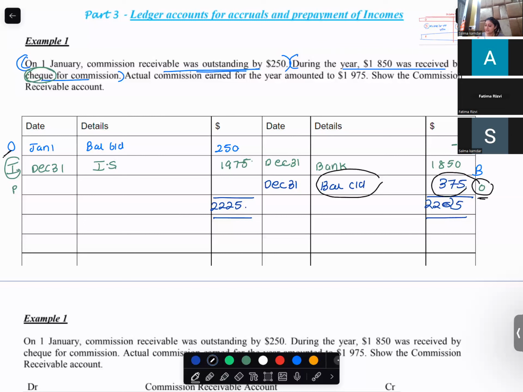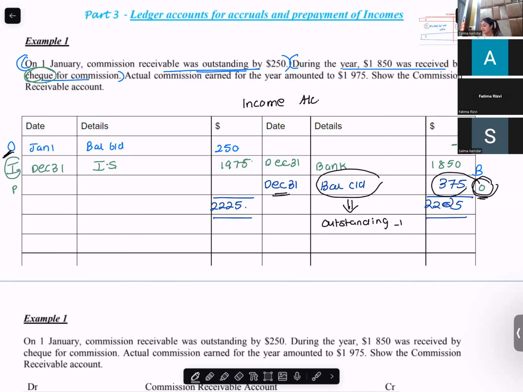OPOP IB: outstanding on the first date, prepaid on the first date, outstanding on the last date, prepaid on the last date. And this is which account? Income account. So this is outstanding on the last date, the outstanding income.